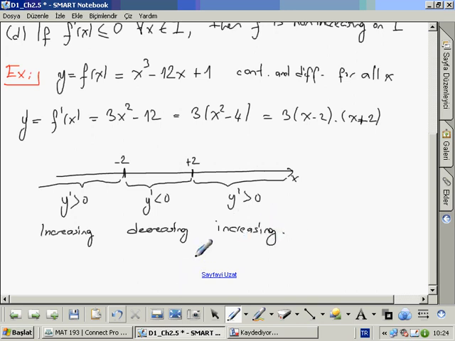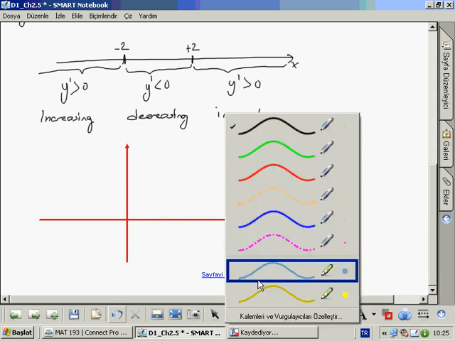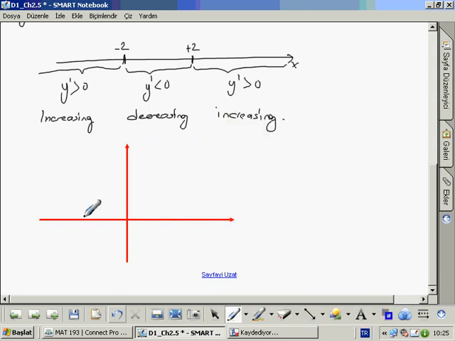Let's assume that this function will be like that. This is only a symbolic function, not the true function. This is +2 and this is -2.